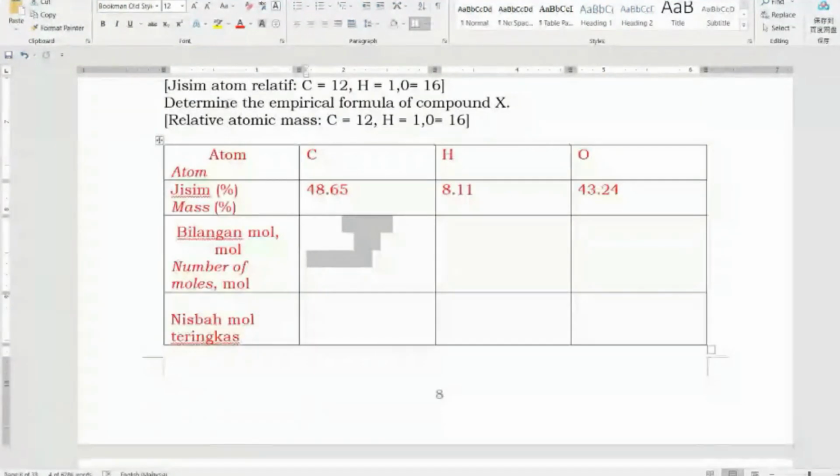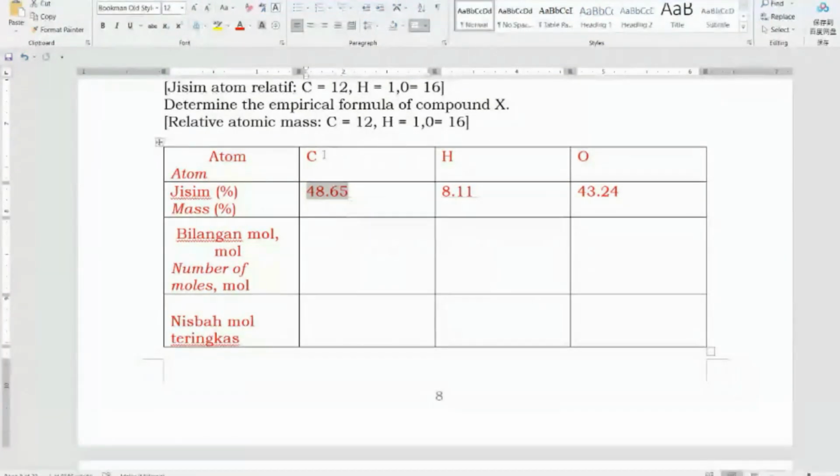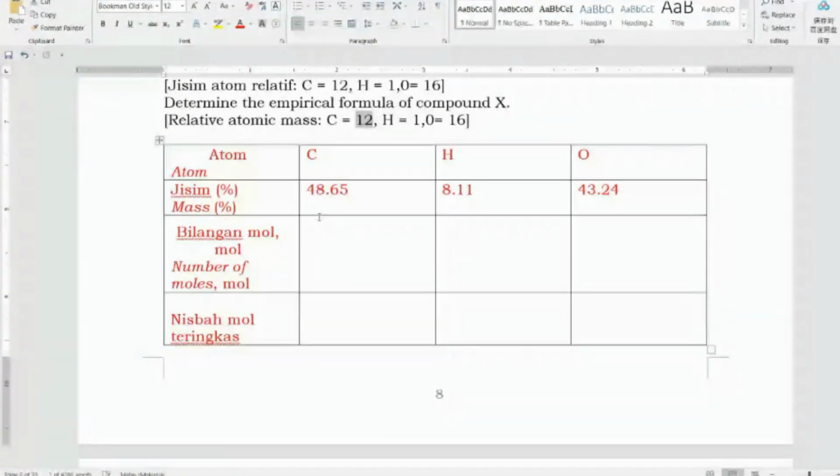Yeah, Adrian? You mentioned it's 4, is it? Not sure. Next, your mass is 48.65. Molar mass is what? 12. Divide, no?